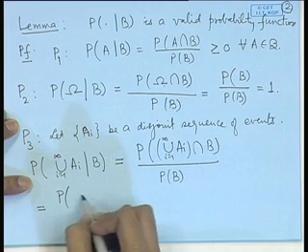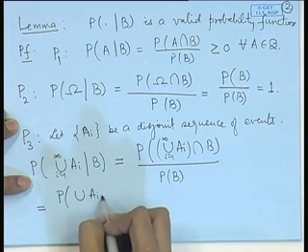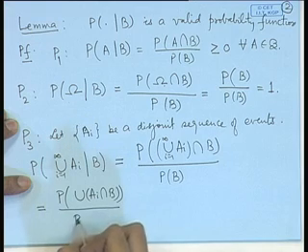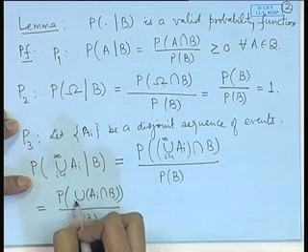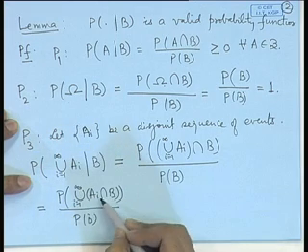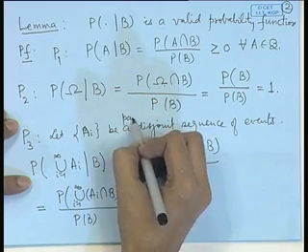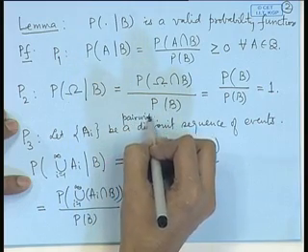So, this becomes probability of union of (A_i intersection B) divided by probability of B. Note that the A_i were disjoint, basically we can consider them to be pairwise disjoint.